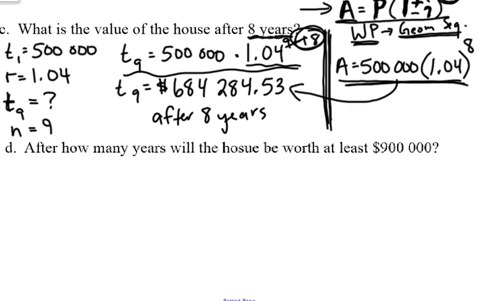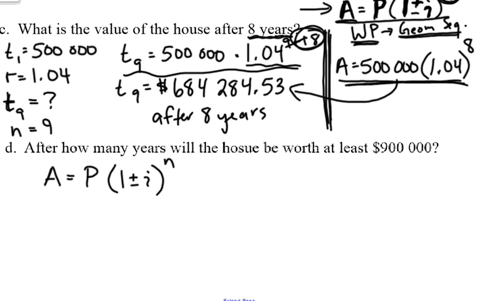And then for D, after how many years will the house be worth at least $900,000? Well, how many years will it be? Let's use our abbreviated formula. A equals P, 1 plus or minus I, after so many years.